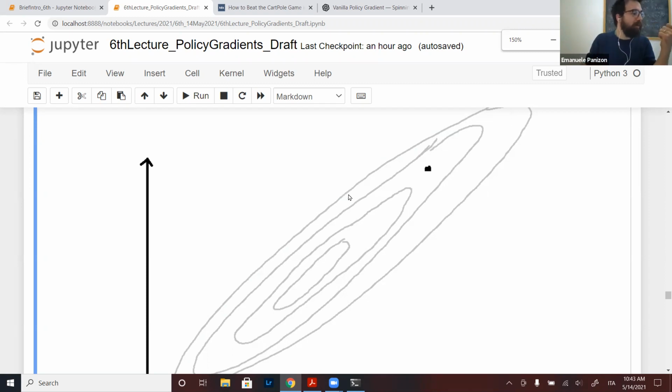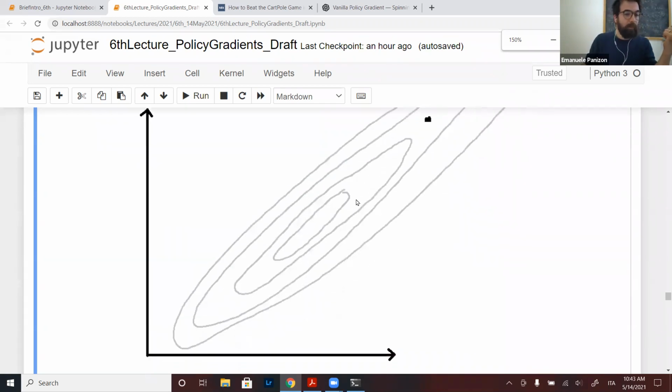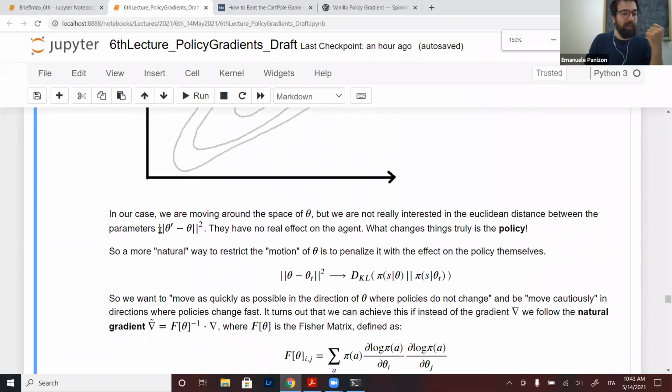I don't care to change my theta if the policy does not change. So this means that instead of paying a price proportional to the distance in the parameter space theta, which I don't care about, I want to pay a price which corresponds to the distance in policy space.